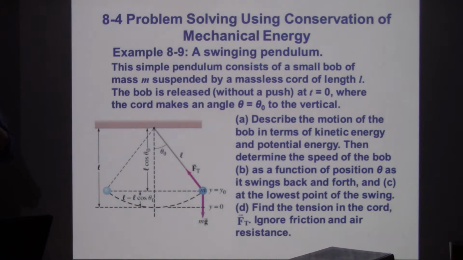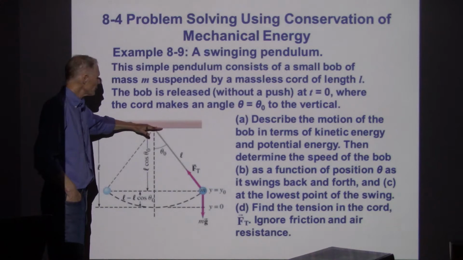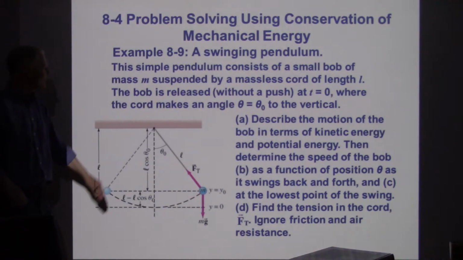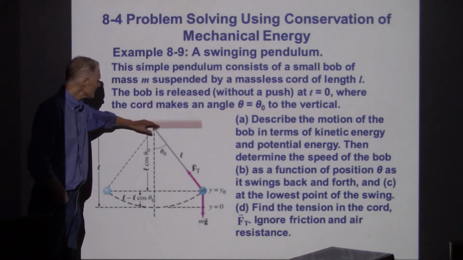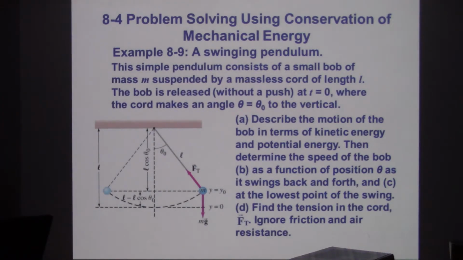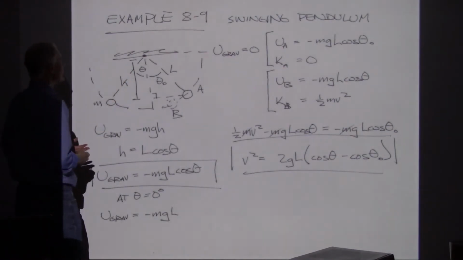Now if you've got something going in vertical circular motion, more often than not, I'm going to say pretty much always, the easiest point to define potential energy from is the center of the circular motion. Now that might seem a little crazy. Why would you want to come up and define this as 0? It turns out it's the easiest location. Let's take a look and see how this sets up. So here's my picture of the pendulum.